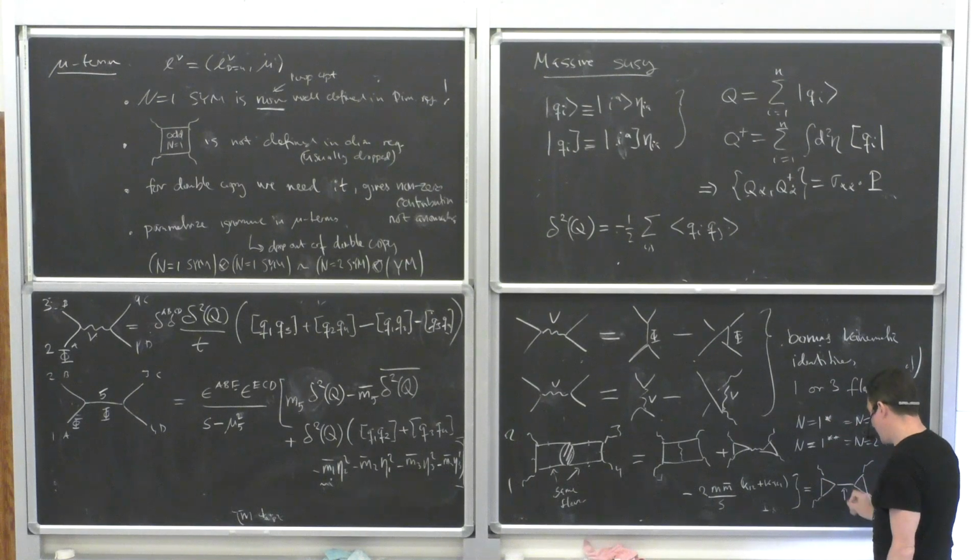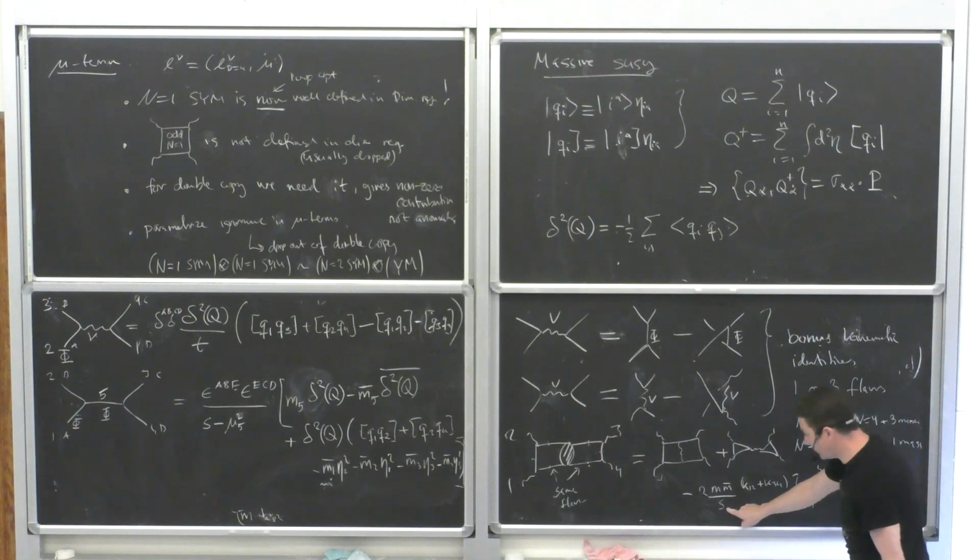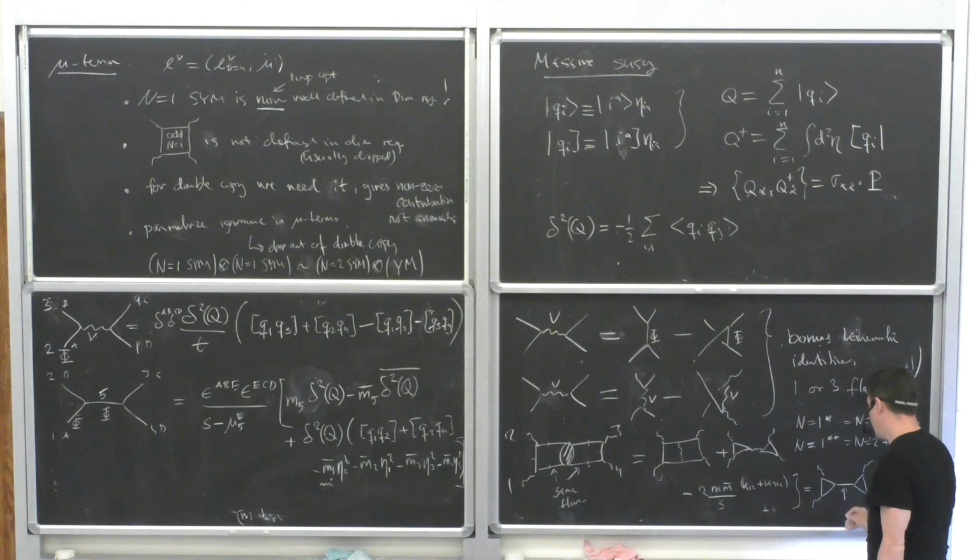But now this is actually not a massive multiplet, because you see there's no mass there. This is actually some kind of, let's call it, extra dimensional vector multiplet.